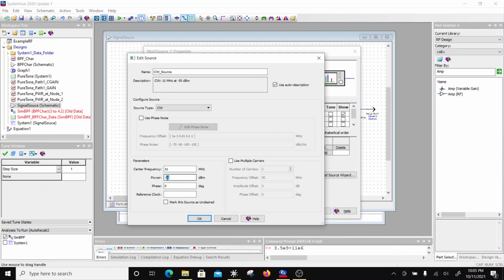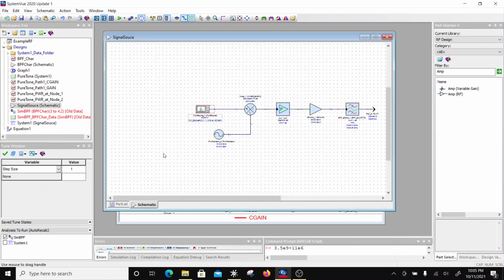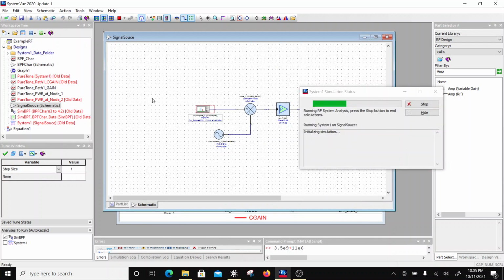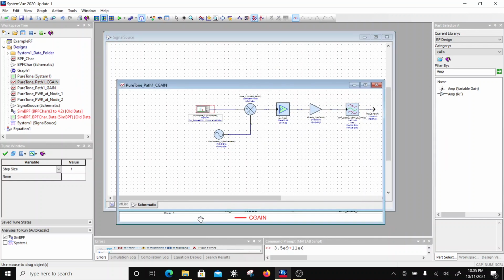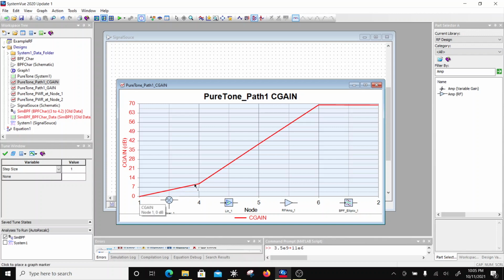Now let's see if I boost this power further up. Okay, go to minus 45 for example, and run this again and look at this graph. So now the mixer output is 9.6 or 9.7. So in this case the mixer is 0.3 dB compressed, and this stage will not show you anything. So if this is 9.69, this will be 39.69. So no compression because this is a linear stage.